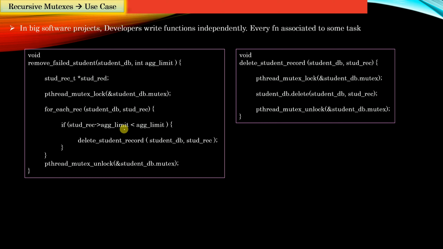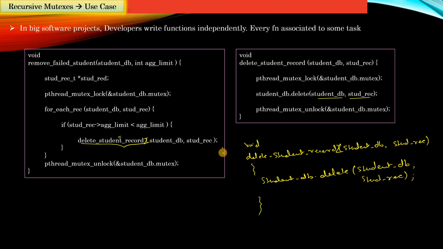Now one would argue that the simple solution to this problem is that you can write delete student record 2, that is a new API altogether. And the purpose of this API is simply to delete the student record from the student database, of course, but in this new version of the API, we are not going to lock any student database mutex. So let us see the implementation of this API.